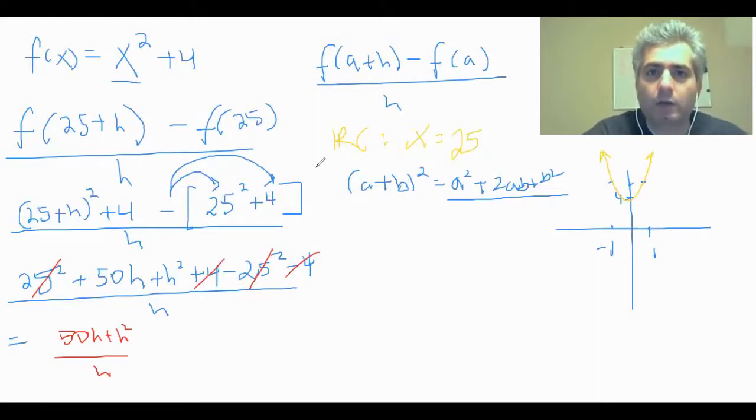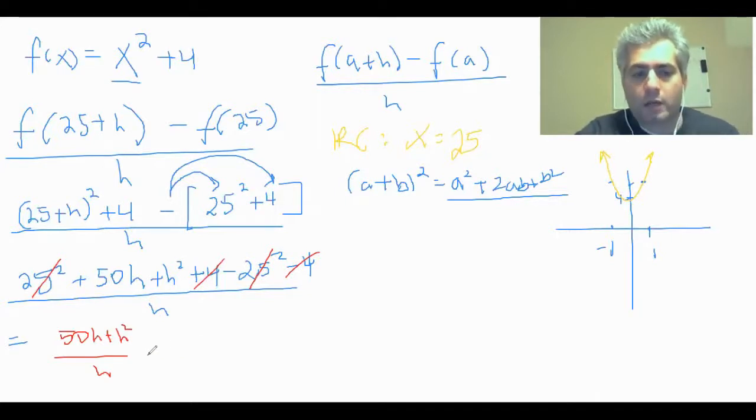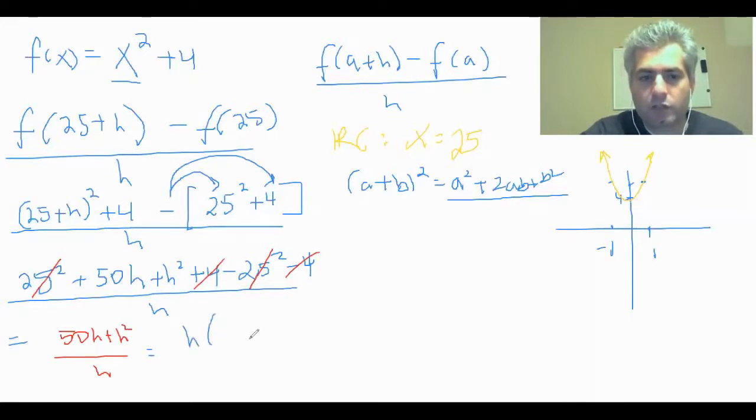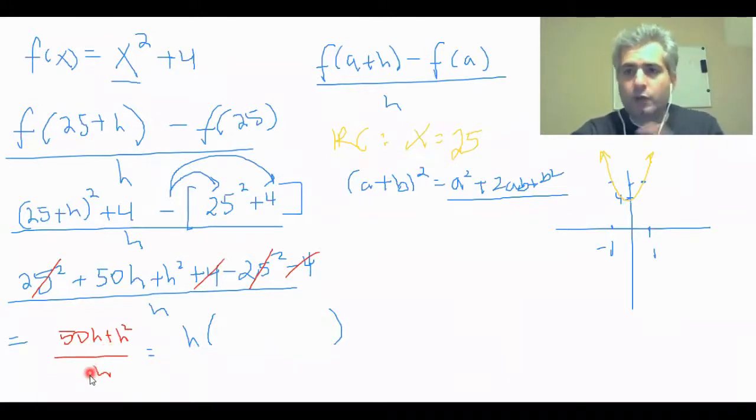Well, let's take a look. If you notice, you have 50h plus h squared over h. There's a greatest common factor that we can factor out from the numerator, and that's an h. So you have h, and then you open parentheses, and what would be left? We can easily determine that. We're factoring out an h, so if you want to remember this rule, it's very simple and helpful, so that you can keep track of the work and you don't make calculation errors.